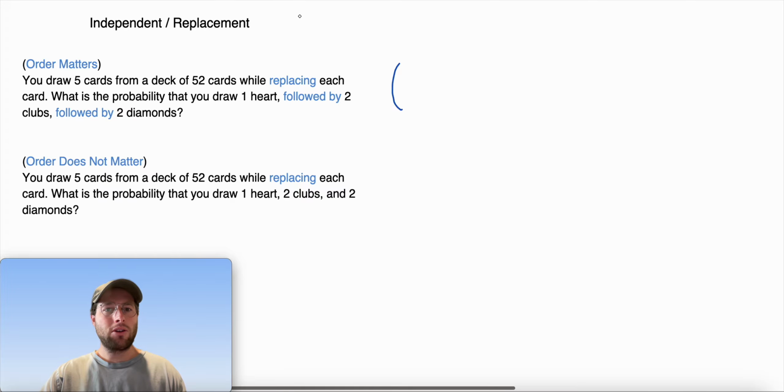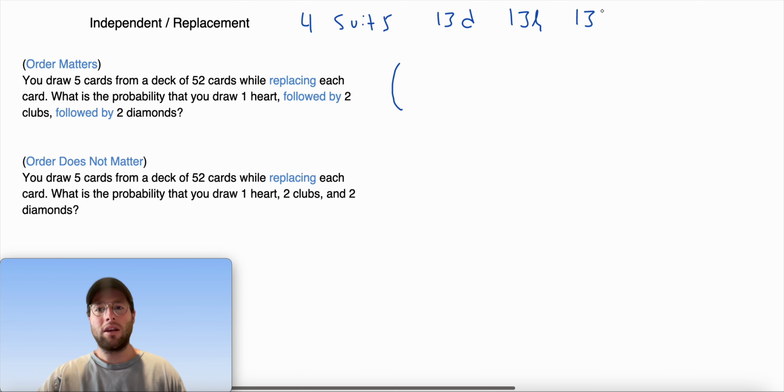So I'm going to go ahead and write that right here real quick to keep that in mind. 4 suits: I'll just say D for diamond, 13 hearts, 13 spades, and 13 clubs.